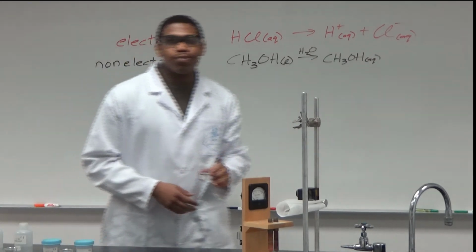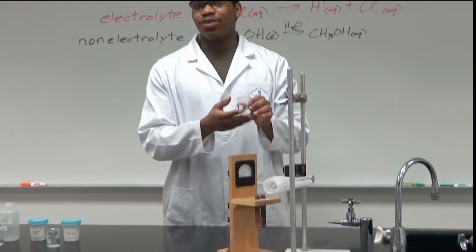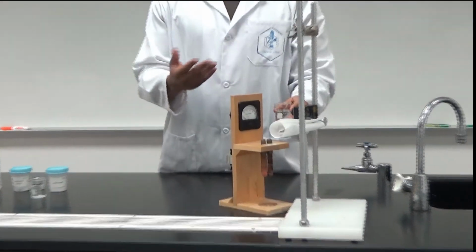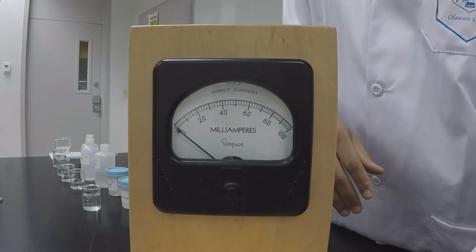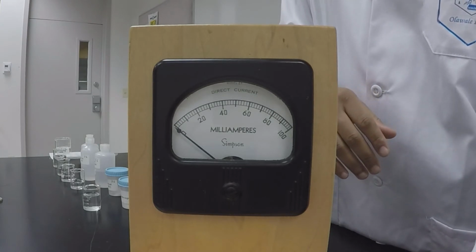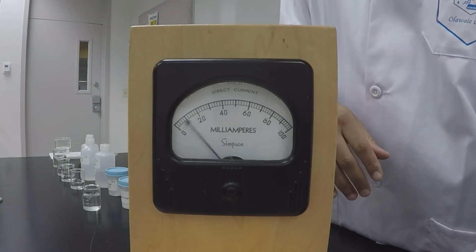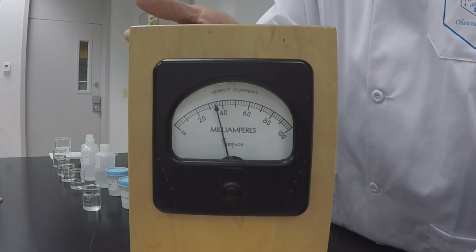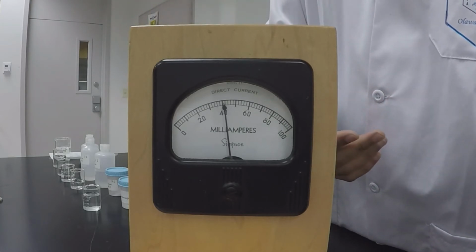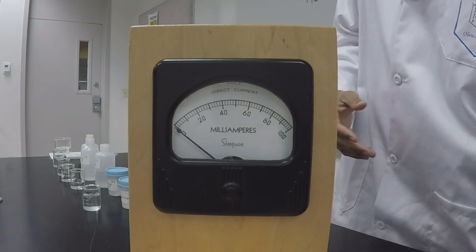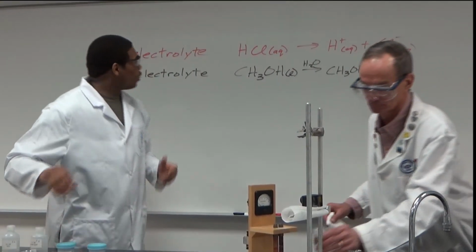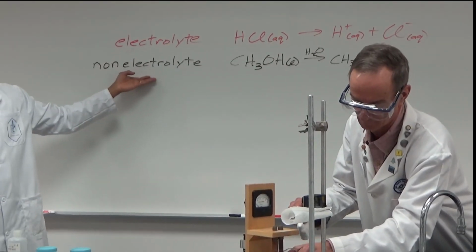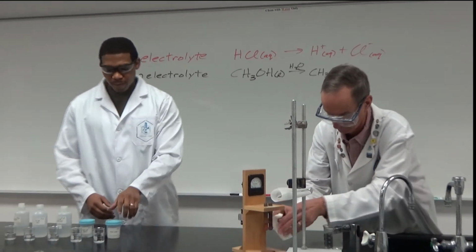A little fun fact is that this is not a strong acid like the HCl, but the fact that it dissociates completely into the water will give you a nice conductive reading. As I place this into the meter, you should see the arrow spike up, indicating that this is a conductive solution. Conductive solutions, we call electrolytes. Non-conductive solutions, we call non-electrolytes.